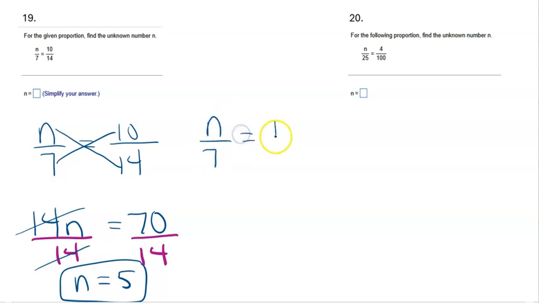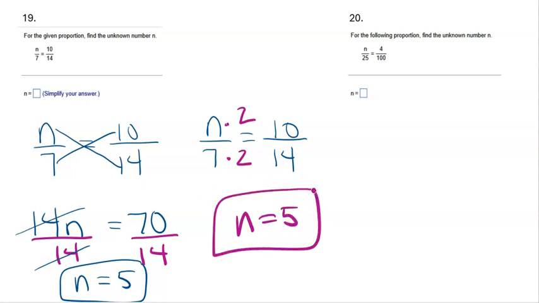Another way to handle it is this. When I look at the top, I can't do this yet. But on the bottom, notice that I multiplied this number times 2 to turn it into a 14. So what number do I multiply by 2 to turn it into a 10? And that would be n is equal to 5.